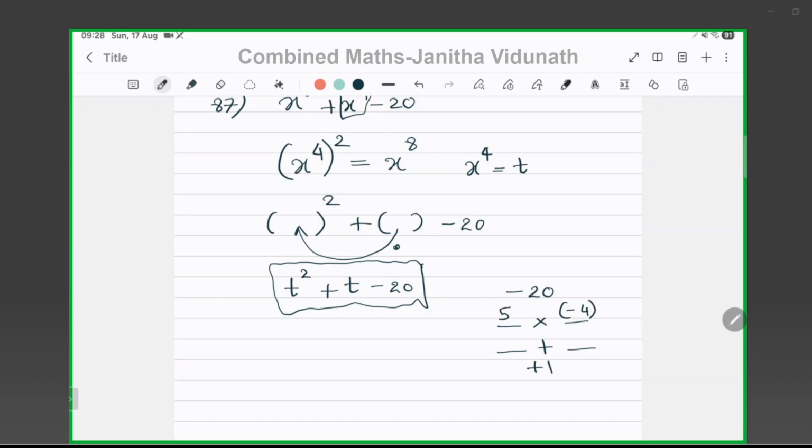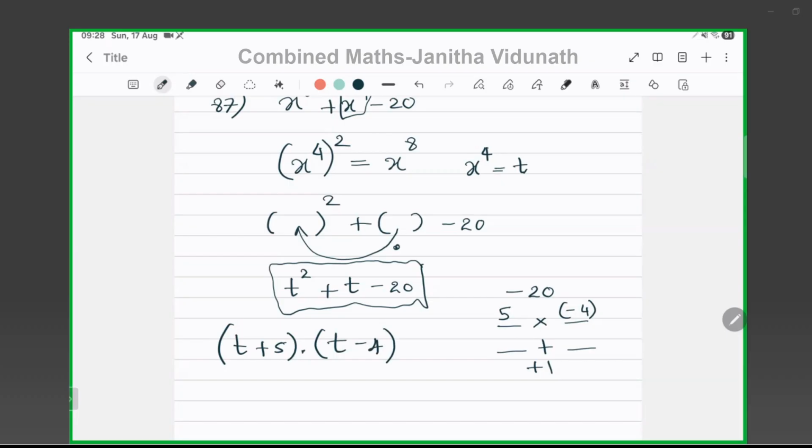Plus 5 times minus 4 gives minus 20, and plus 5 plus minus 4 gives us plus 1. Then we can factorize this as t plus 5 times t minus 4.